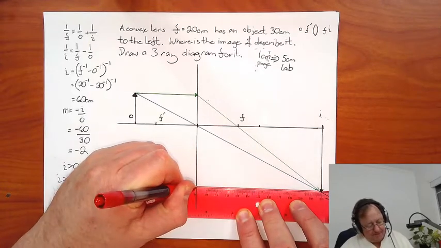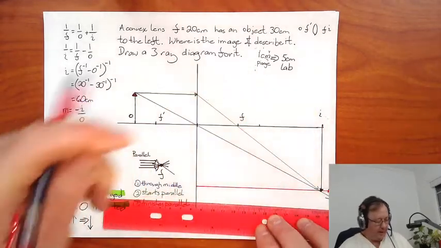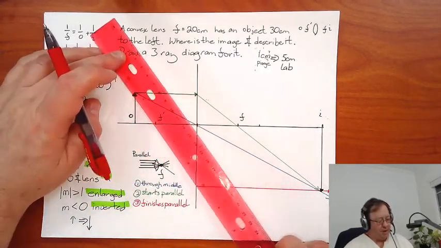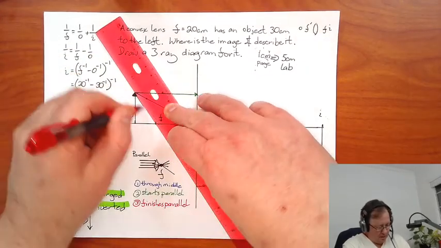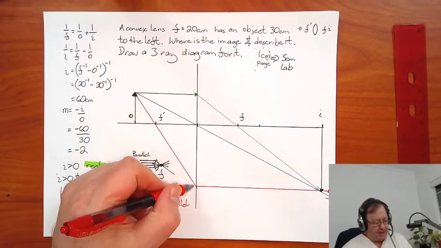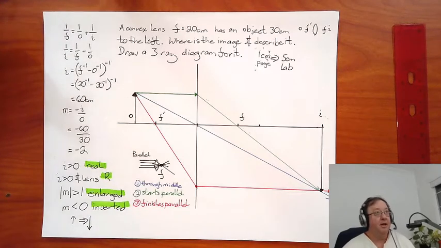Draw it up like that. And what you notice is when you line everything up, the object, the antifocal point, and the intersection point that becomes parallel for the ray all line up together.